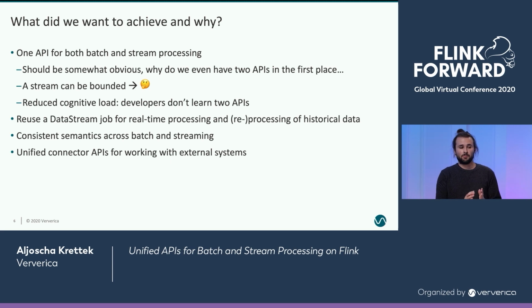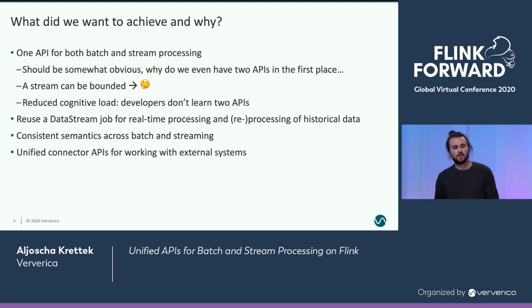And if we only have that one API, then that makes it easy to reuse the same job for real-time processing and then use that same job to also process historical data with the same business logic, the same behavior, the same semantics and everything. So we want to have semantics for these jobs in the DataStream API that make sense across both batch and stream processing.